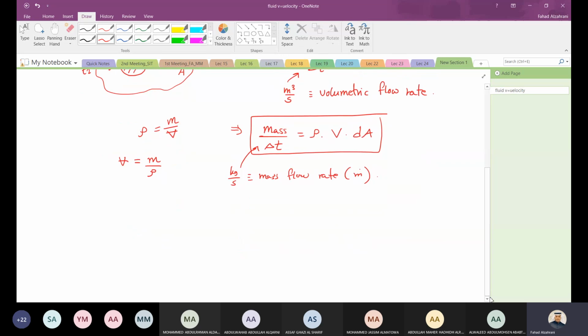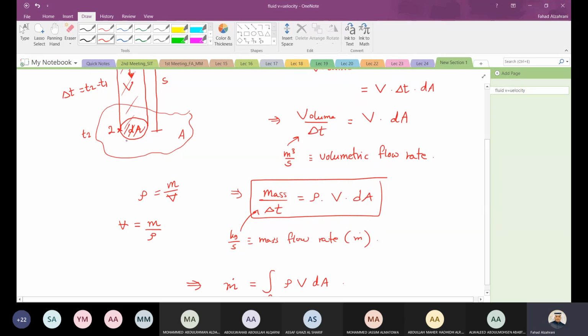Okay, so now this is يا شباب only for this infinitesimally small area. If I want to calculate the mass flow rate across the whole area, what would it be? What can we do mathematically? If you want to generalize your equation here, you integrate over the area. You know this يا شباب or you don't know? Calculus. Okay.